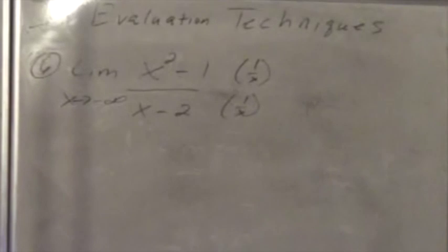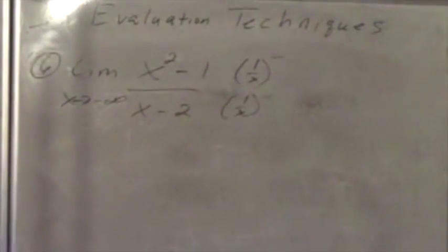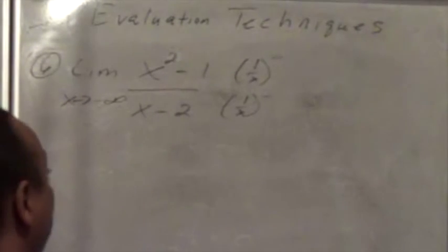Now, note, since my x is headed in the negative direction, 1 over x will remain constantly negative. So we're actually using negative numbers. These are all negative numbers. So this will be a negative that we're multiplying by.